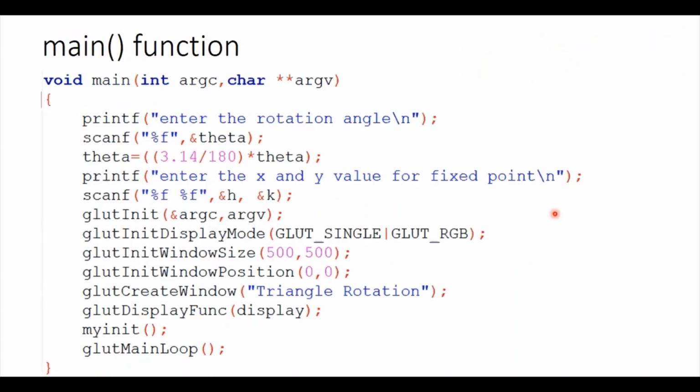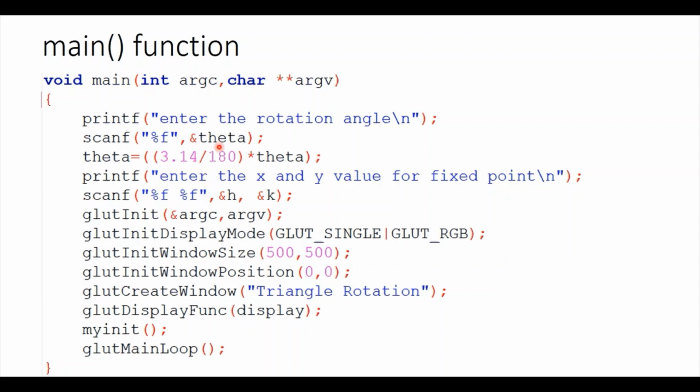So initially in the first slide, what we saw was the basic setup that was needed. This much was the basic setup for us to execute the OpenGL program. But in this program, we also need user input as theta.